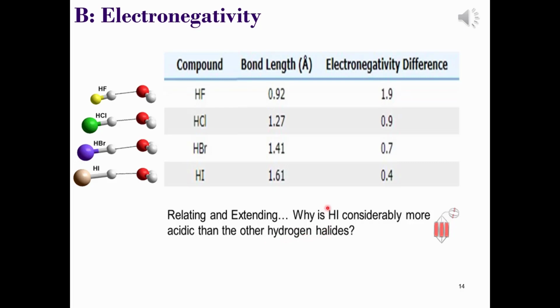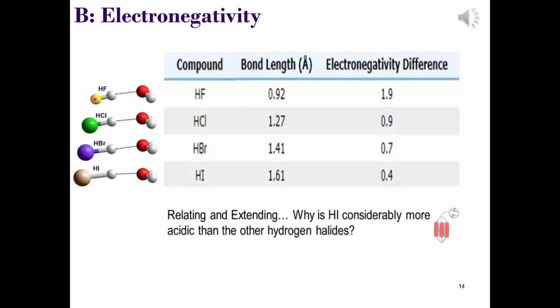Now, you may be feeling some discomfort with this question because you may have predicted that hydrogen fluoride is considerably more acidic, and that would most likely be based upon just looking at the electronegativity differences. However, we need to consider the other data as well to make sense of this. So let us think about that now.